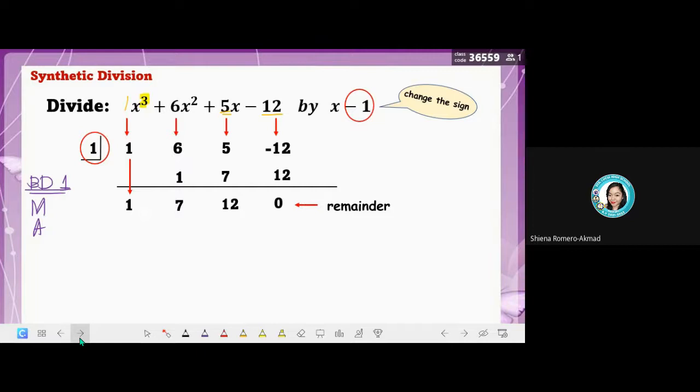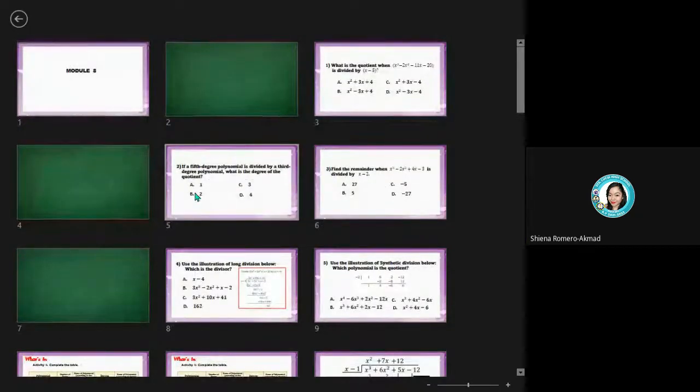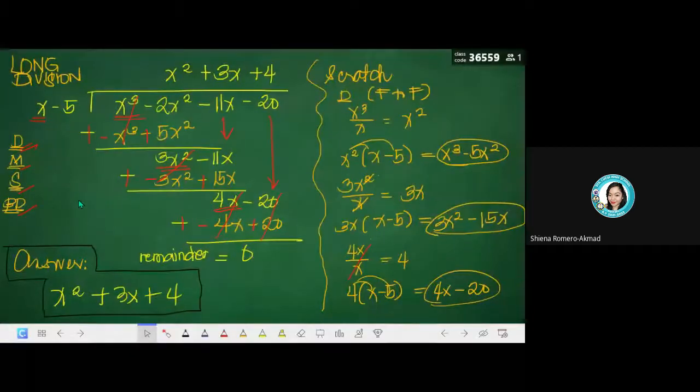Then the answer will be x squared plus 7x plus 12. So this is how synthetic division works. So you don't have to deal with the variable kapag synthetic division yung gagamitin ninyo. So let us have more examples. And ang babalikan natin ay yung mga previous examples natin.